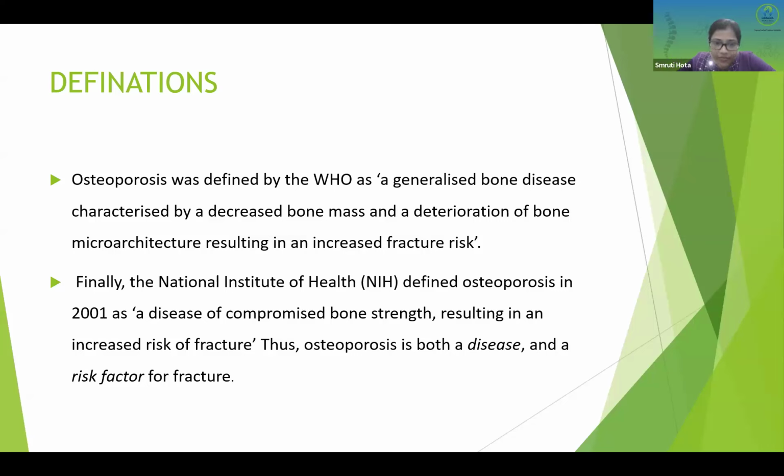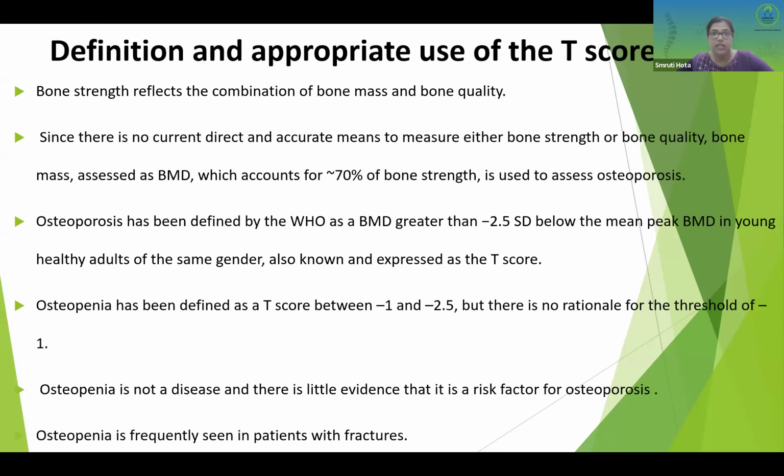So it reminds us that bone density alone doesn't tell the whole story. Bone strength is determined by both bone density and quality. So osteoporosis is not merely a disease, it is also a major risk factor for fracture. Osteoporosis is one of the silent diseases, and that is the most dangerous thing.